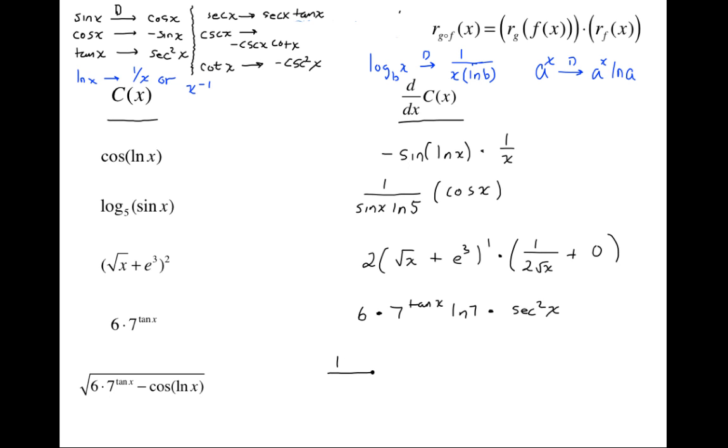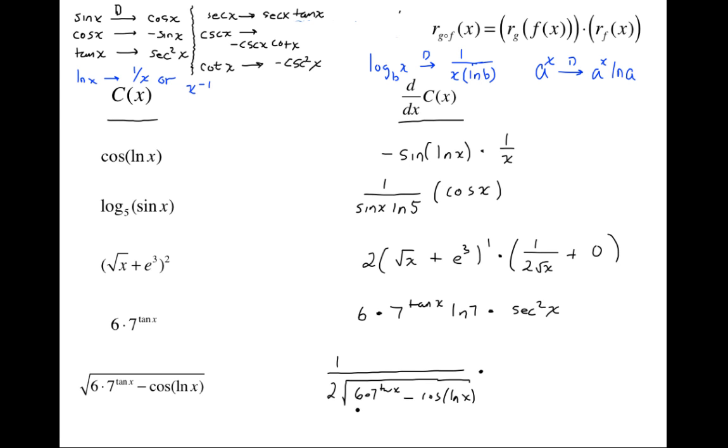1 over 2 times the square root of the rate of change of this, or just this as it is? Okay, with respect to f, not the rate of change of f. So we're just going to rewrite that 6 times. Okay, but then times what?